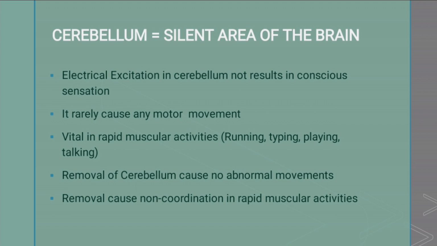The person can still run, but the perfect running is not possible, because the coordination of rapid muscular activity is damaged, but the overall movement is not damaged. That's an important factor we have to note down when studying the cerebellum and its motor function.